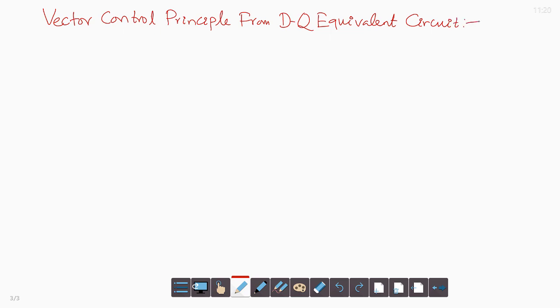Next we will discuss vector control principle from DQ equivalent circuit. So, first we will draw the D axis equivalent circuit.